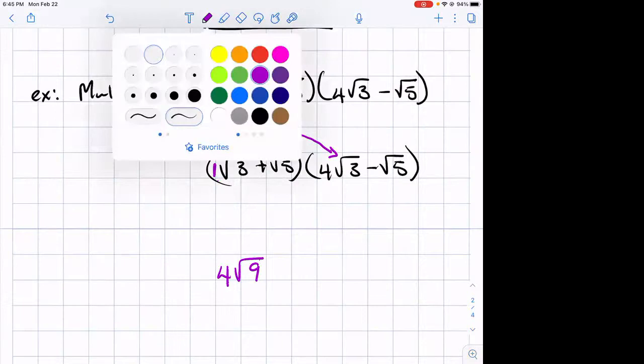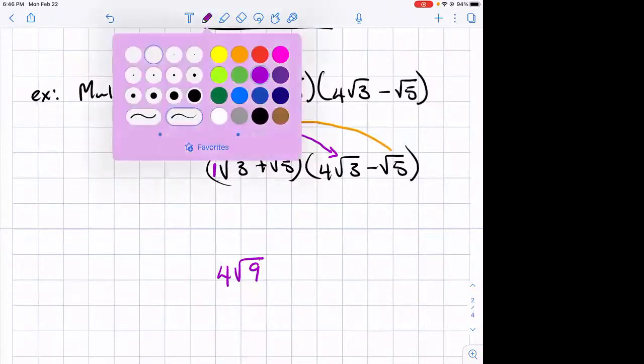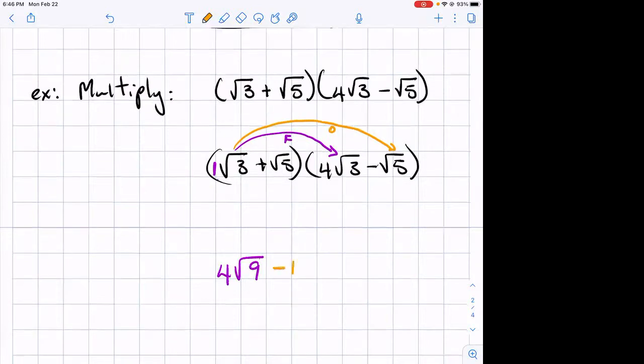If I use a different color, this now times this, the first one was the F in FOIL, and now we have O, right? If I multiply these two, this becomes minus, this 1 times this invisible 1 becomes 1. So we get minus 1, and root 3 times root 5 becomes root 15.